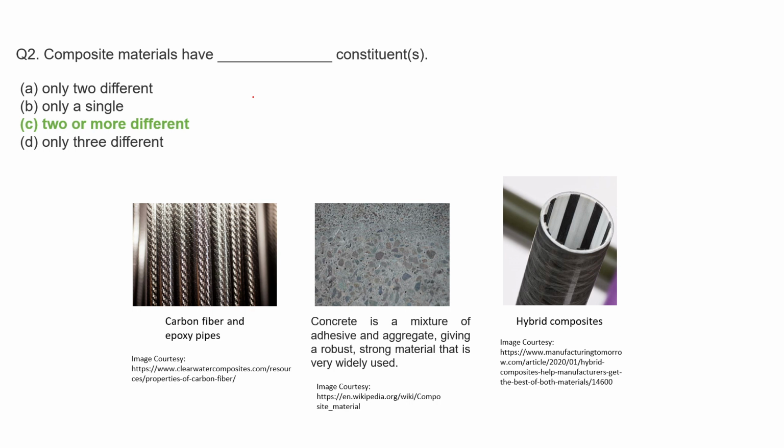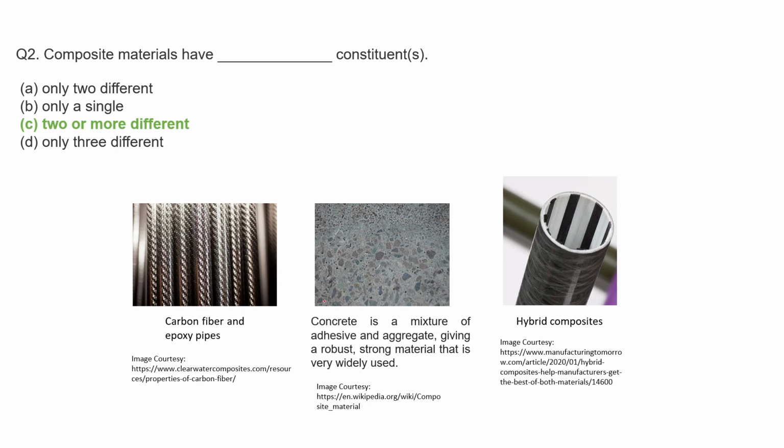There are some examples you can see here. The first one is a carbon fiber and epoxy pipe. In this, the reinforcement is the carbon fiber whereas the epoxy is the matrix, so this contains two constituents. Concrete is a mixture of adhesive and aggregate, giving a very strong material that is widely used.